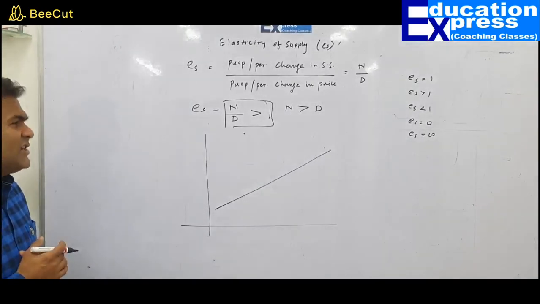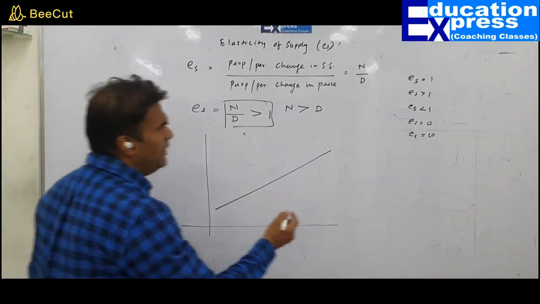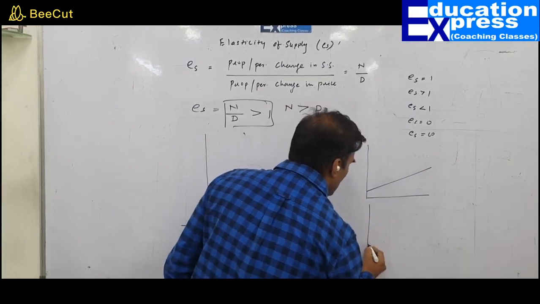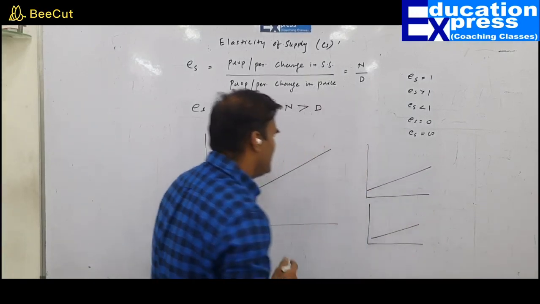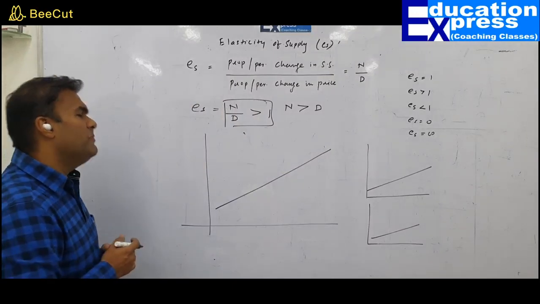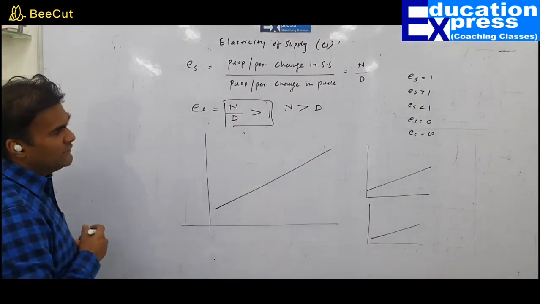It should not be steep. So this is the kind of slope. Another example, you can make your supply curve flat. Not exactly flat, but the slope should not be steep. It should be gradually sloping.